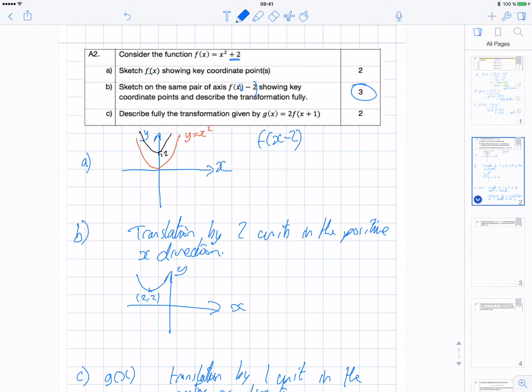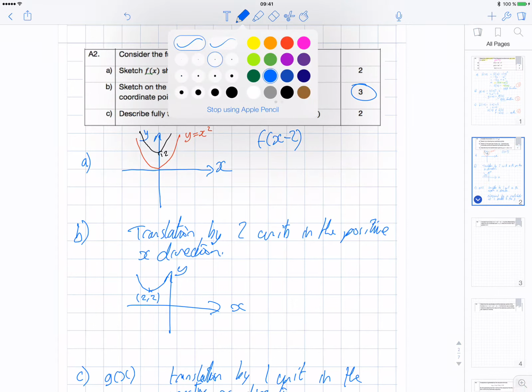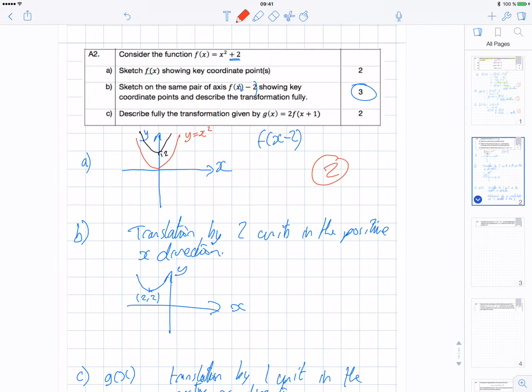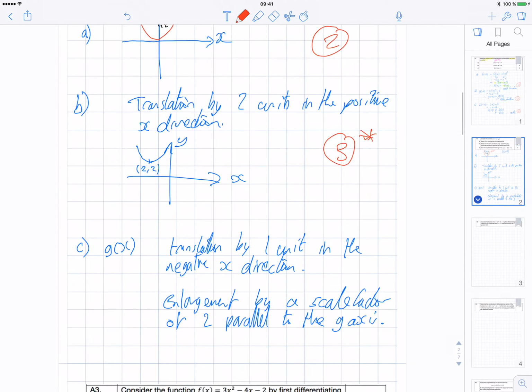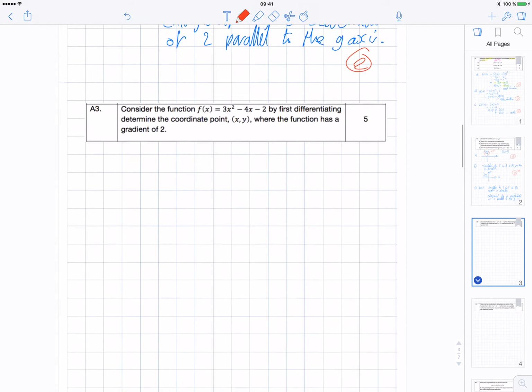That's it. Now I'm going to be very kind on B, sorry. So that's worth 2, that's worth 3, but I'm going to be very kind with you on that one, and that one's worth 2.